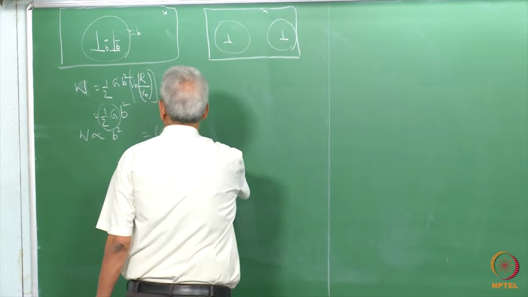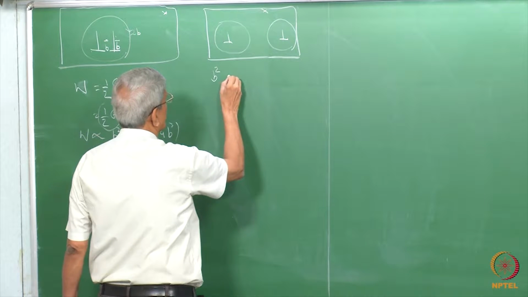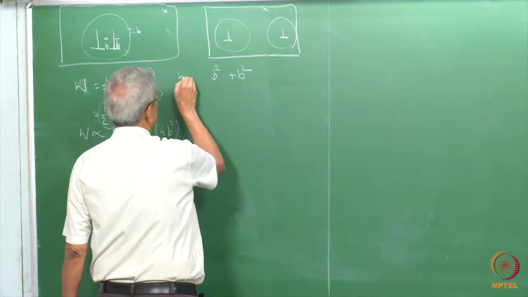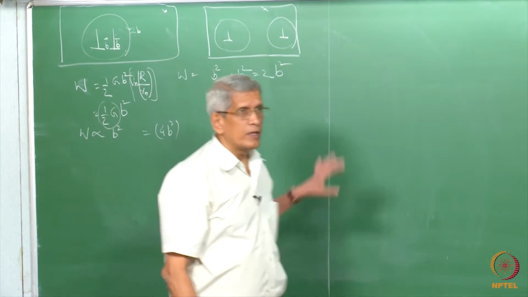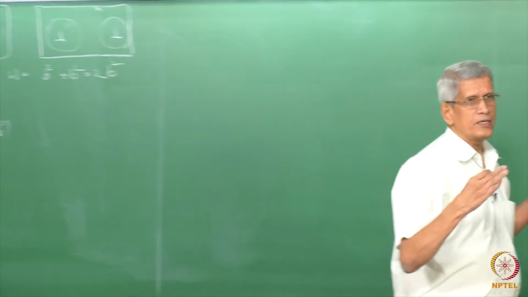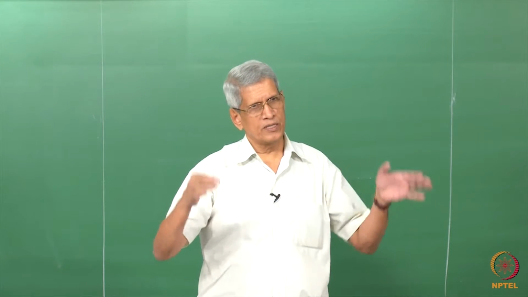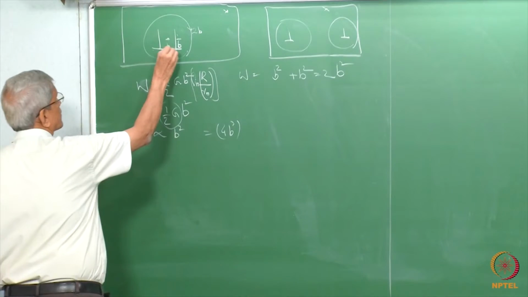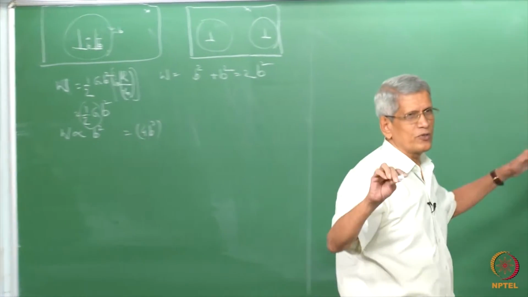The self energy due to both of them will be b squared plus b squared, so the total energy W will be twice b squared. That means that as the dislocations are far apart, the total energy is reduced. So if we have two dislocations which are very close, they will try to repel each other so that they move far apart to reduce their overall energy.